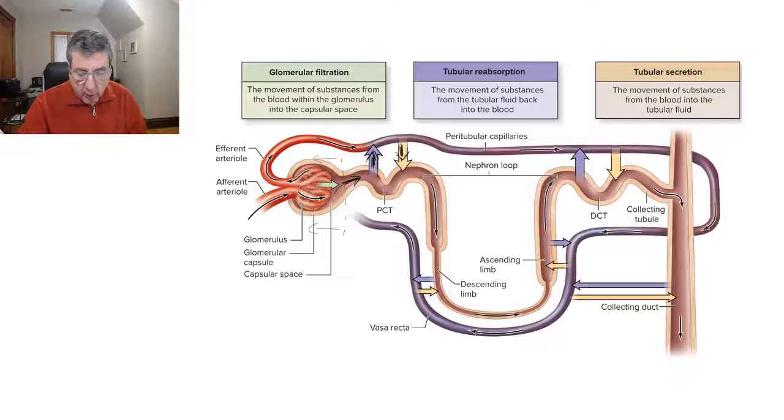The yellow arrow showing it going from the peritubular capillaries, that is tubular secretion.